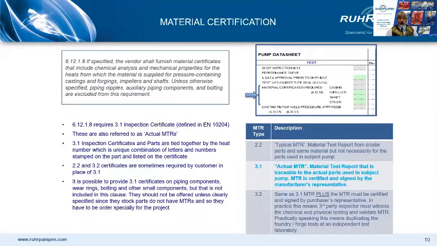But the most efficient way to obtain a 3.2 for commercial foundries is to get additional coupons or materials poured at the same time as the parent castings and have them tested at an independent laboratory where it can be scheduled and witnessed by the customer inspector.